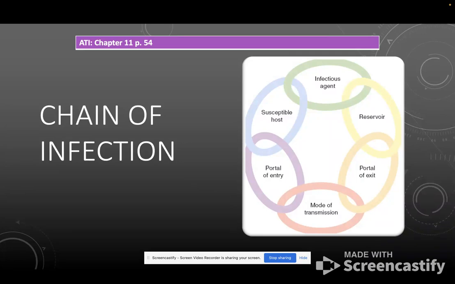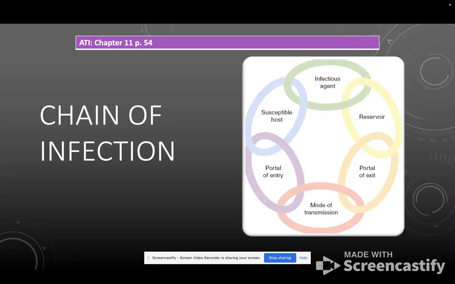Then we have the portal of exit. Your portal of exit is the way that a germ leaves the reservoir. So through fluids, blood, any of your bodily fluids, it gets into that portal of exit and then gets transmitted. Then you have your mode of transmission.